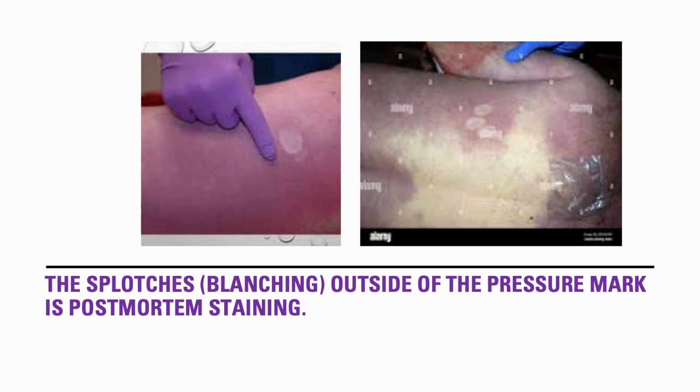This is done by applying pressure to the area of discoloration, forcing blood into nearby vessels. If the area where pressure is applied turns white, also known as blanching, momentarily, it is livor mortis. The area around the stain that does not move blood and does not change is considered to be postmortem stain.